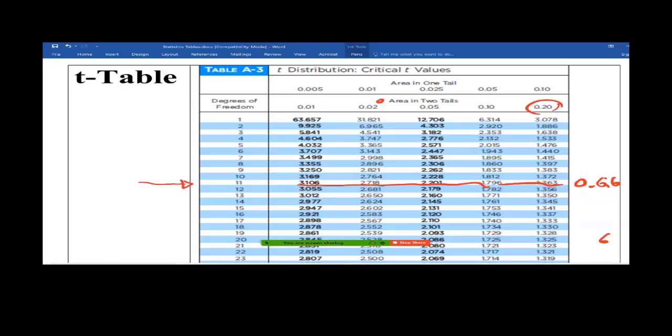So what is the area in two tails for the number we have as 0.66? I have no idea, but for sure it's larger. Why is it larger? Because take a look, 0.01, it's getting larger as we go from left to right. So the t values become smaller, but the area in two tails is getting larger.